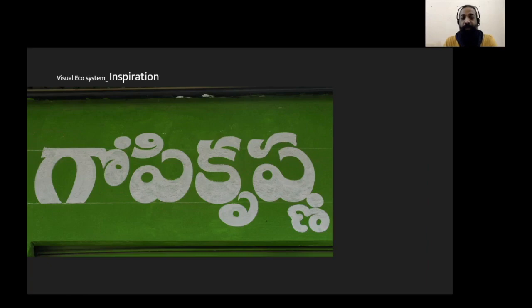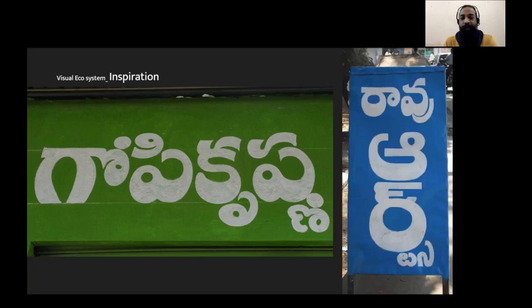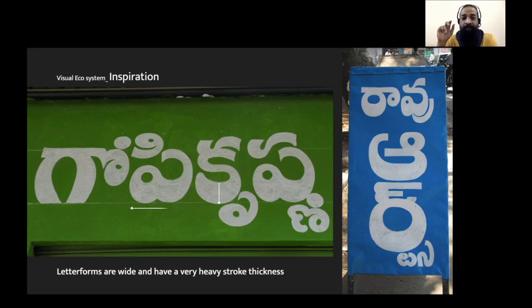This is Gopi Krishna Rao Arts. Besides many things, what I have observed in these letter forms is that they are very wide and have a heavy stroke thickness.